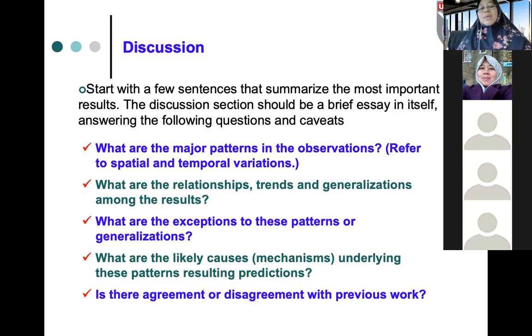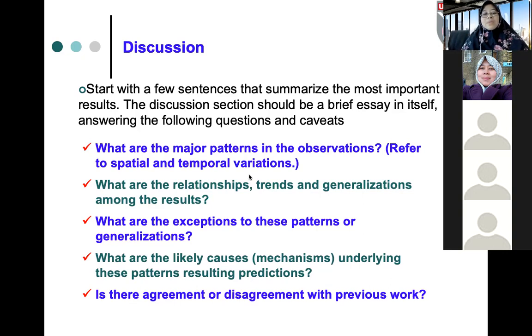So if you cannot find previous work that is related, you have to use the laws, the theory in chemistry. That's why we learn all these theories that you learn from separation chemistry, solid state. So this is the time that you put all the knowledge inside the discussion.